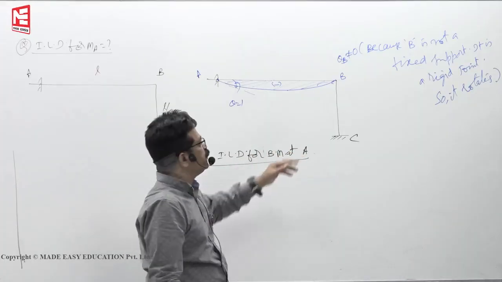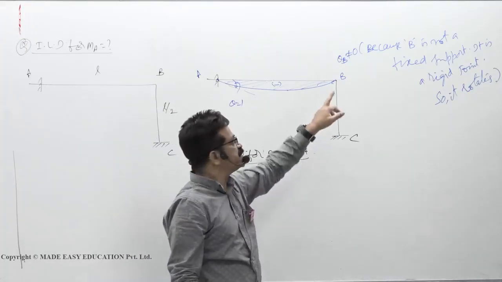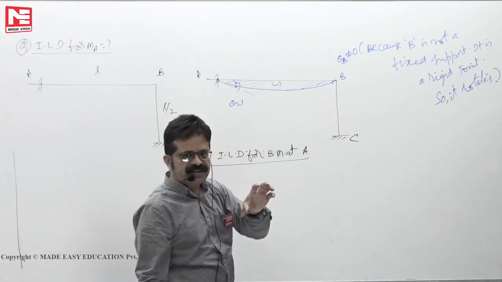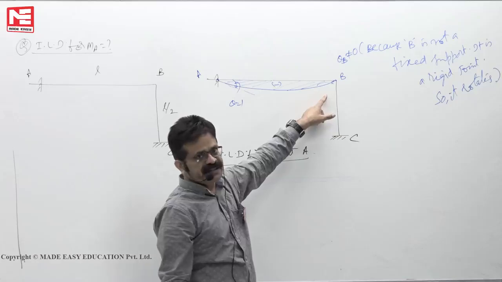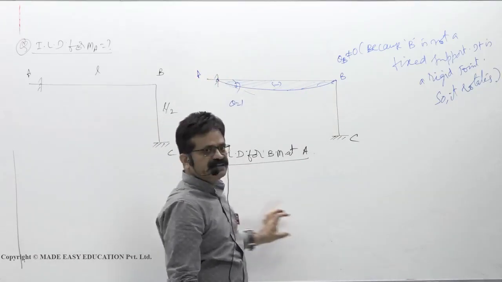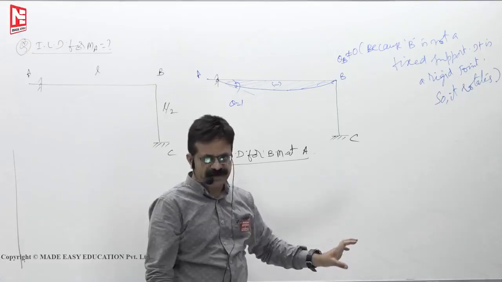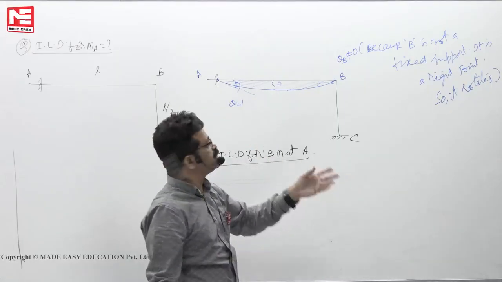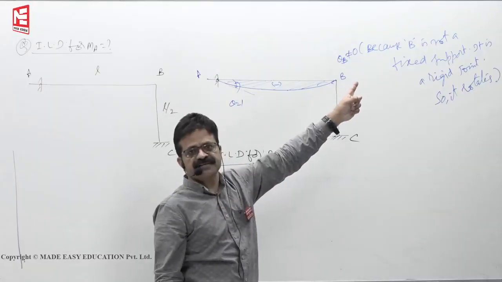Then third step, you will find the joint equilibrium equations. MBA plus MBC must be 0. From that joint equilibrium equation, theta B you will get. That theta B you substitute in MAB, you will get the MAB equation in terms of x. For different values of x, if you plot it, you will get a curve like this.